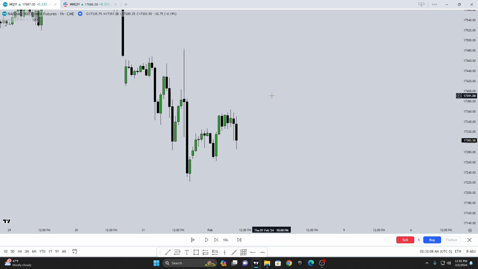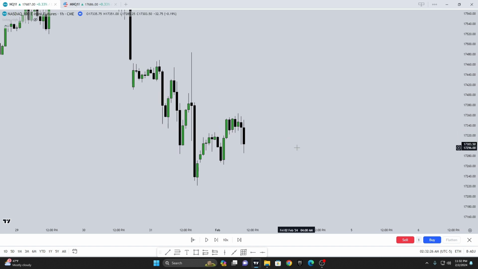You don't need a daily bias to trade this. So you could have a bearish daily bias, but you could take buys with this model. Without having to get too deep in it, it's possible.